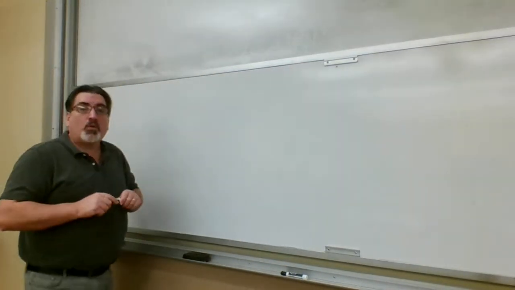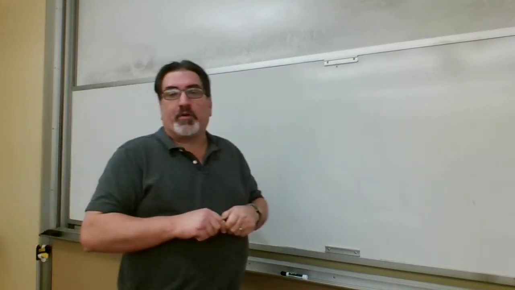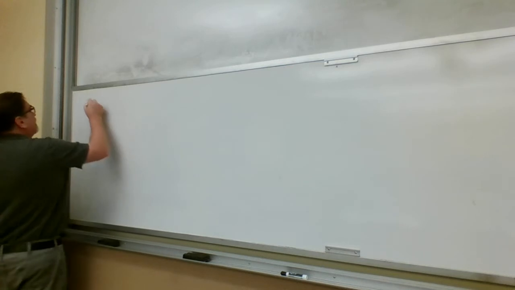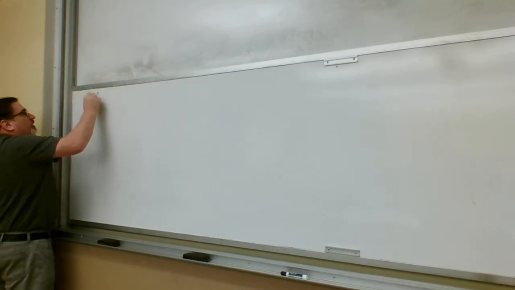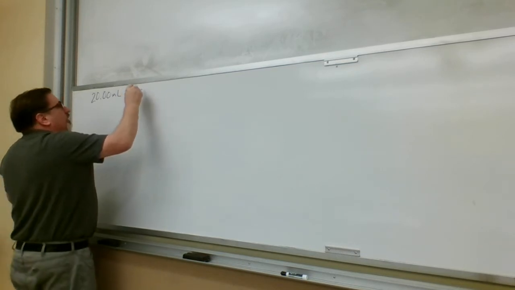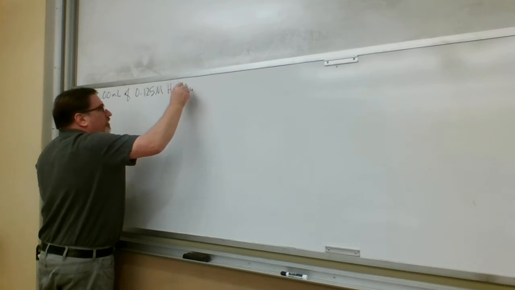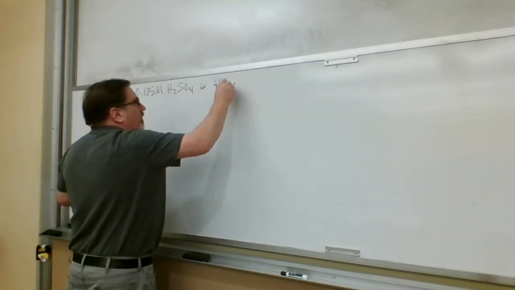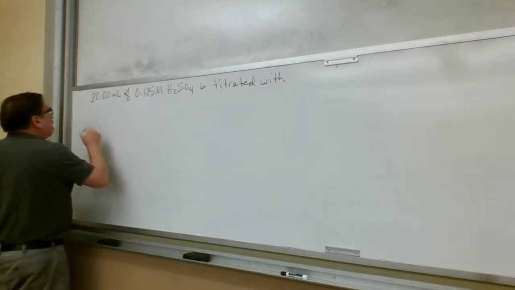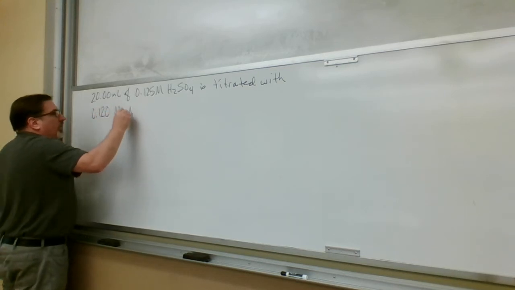All right, we're going to try one more acid-base titration example. This one where we have to calculate a volume of one of the participants instead of a concentration. So let's say we have 20.00 milliliters of 0.125 molar H2SO4, and that's titrated with 0.120 molar NaOH.